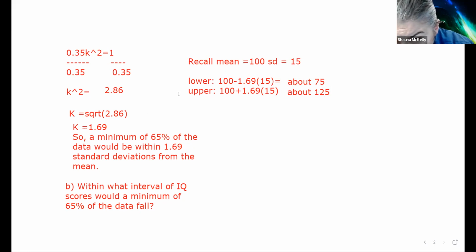So whenever they ask you for an interval, because sometimes they will, you have to know what K is first. Now, if they give you one of the percentages that's on your slide, then by all means, use it. You know what I mean?